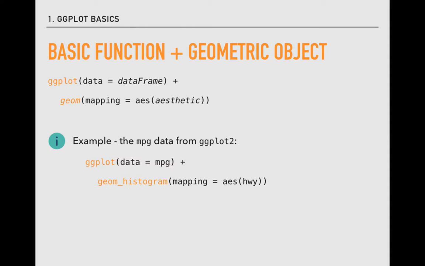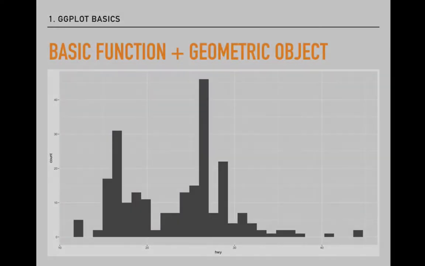Now, aesthetics may not be something you're familiar with. Aesthetics are instructions to R that specify how specific variables are associated with particular visual properties. We'll specify these within the geom for now by setting mapping equal to an aesthetic that contains the variable name we wish to plot. When we execute that pair of functions, we get this nice looking output.